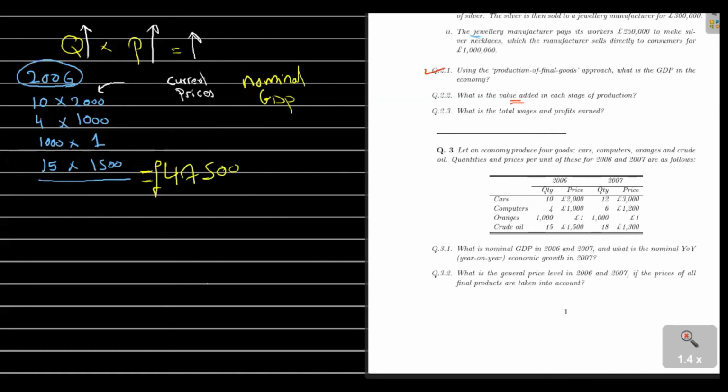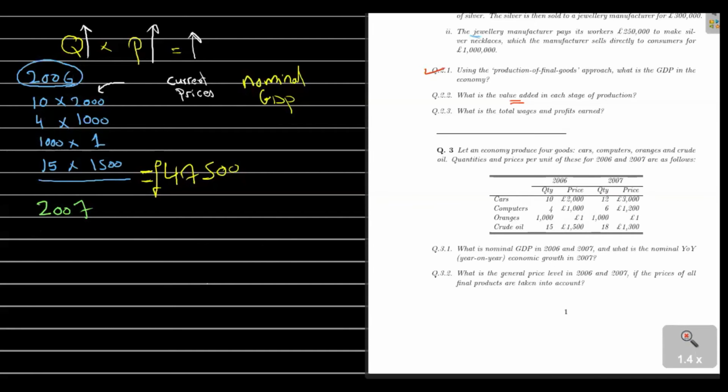So how about if we do the same for 2007? Well, it is very straightforward. All we need to do here is to use the quantities and prices in 2007, and that's how you can calculate the nominal GDP in 2007.